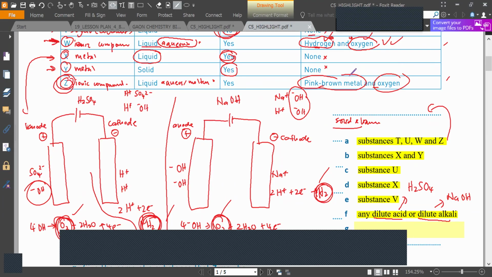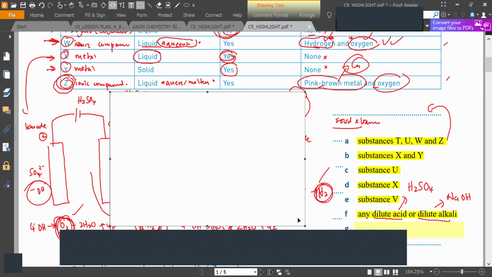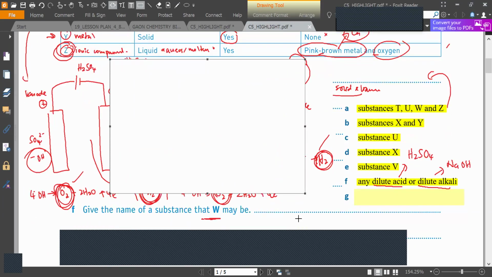This comes from experience: as soon as we get a pink brown metal, it must be copper. So our answer is copper oxide. Z is copper oxide.